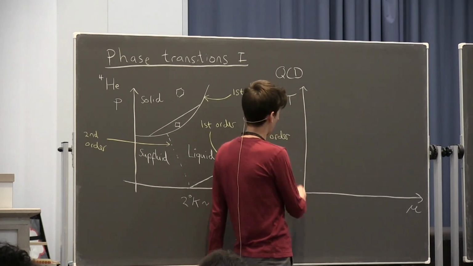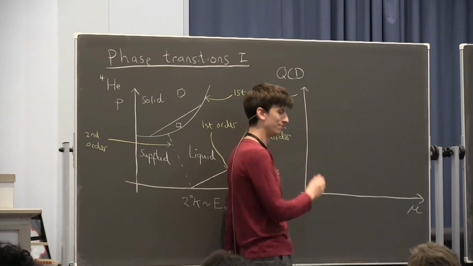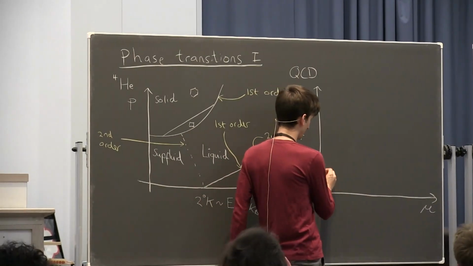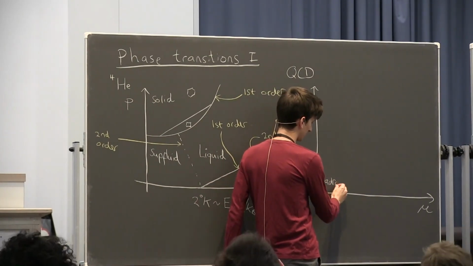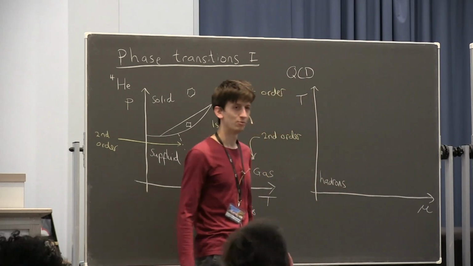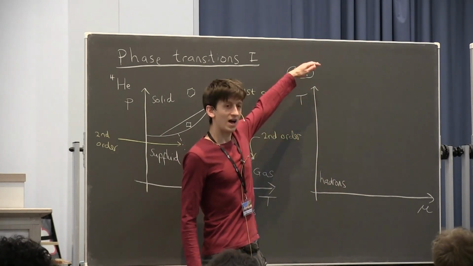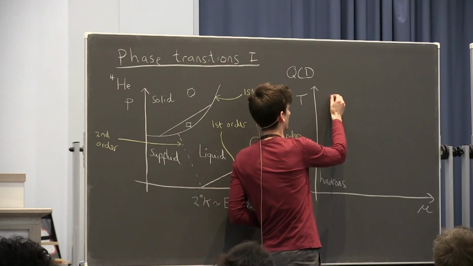At very low temperatures, or temperatures that we know, we have hadrons. And at low pressures. And if you get to high enough temperatures, you get a quark-gluon plasma.